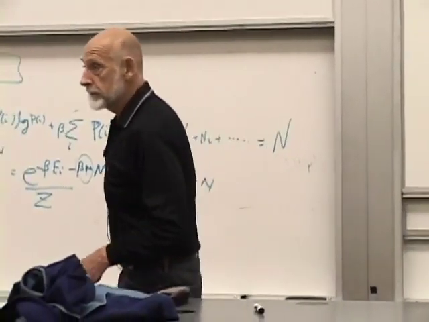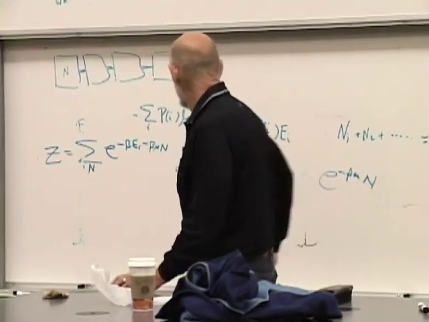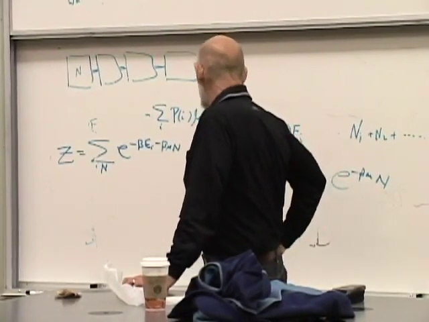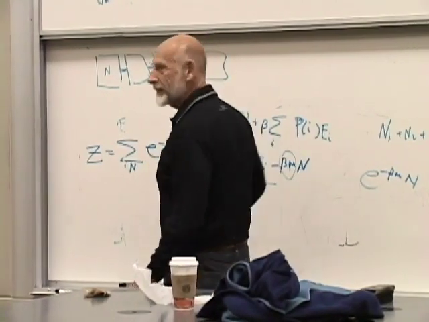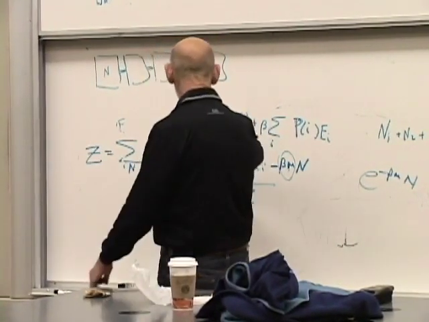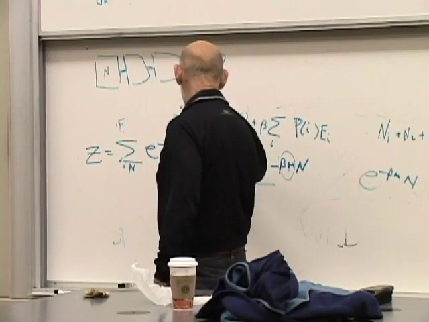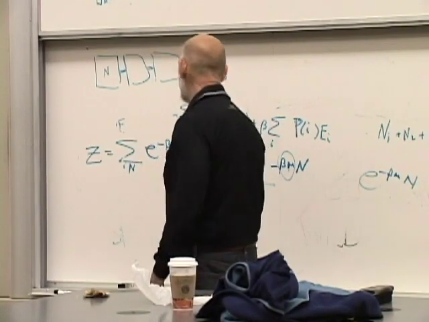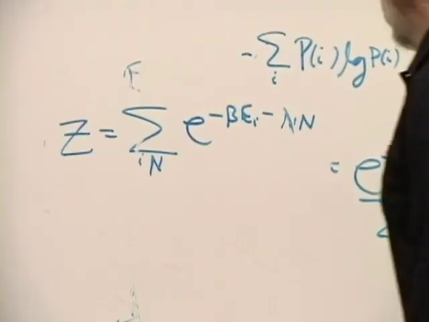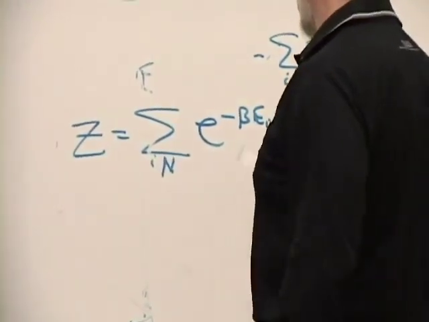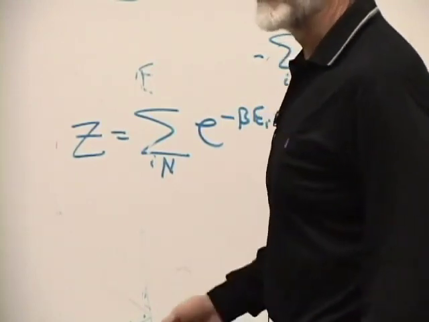A quick question on terminology: you have one Lagrange multiplier beta, and the other Lagrange multiplier is beta mu? Well, yeah, it's a historical fact. We could have just called it lambda. Okay, so it's different than beta. It's different than beta, and historically, lambda was set equal to beta times mu.